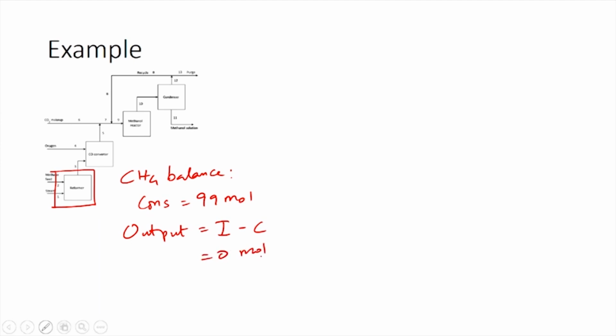Similarly, we can write component balances for carbon dioxide. So, carbon dioxide balance would be input minus output plus generation minus consumption equals accumulation. At steady state there will not be any accumulation. Carbon dioxide is a product, so it is only generated, there is no input of carbon dioxide. So, your output is actually equal to generation.